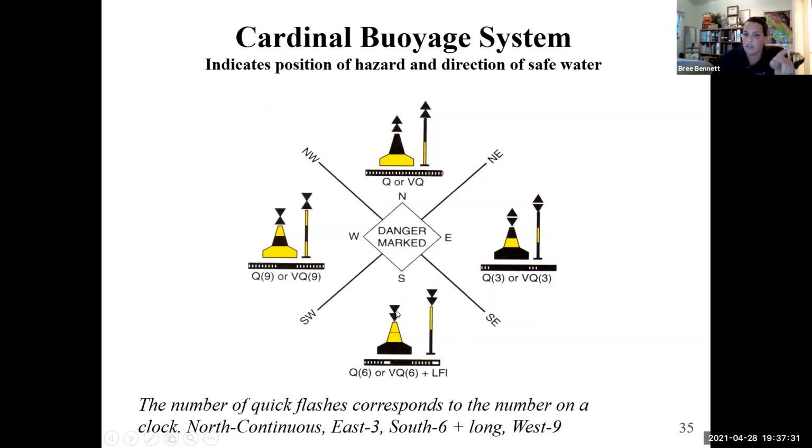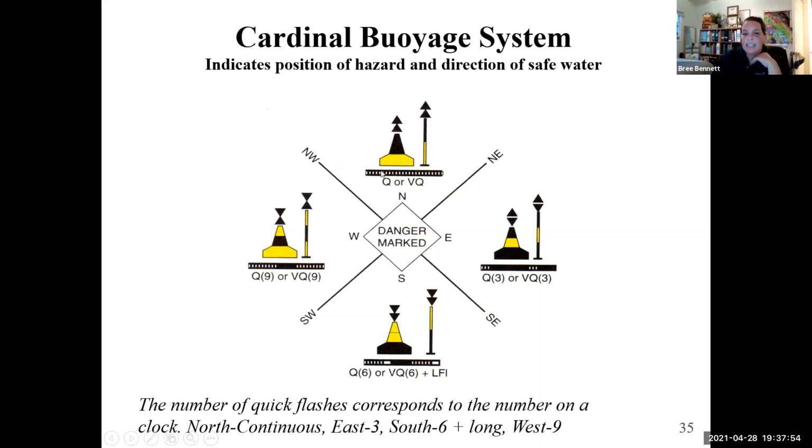If you have your triangles pointing down, yellow on top, then black, your safe passage is to the south. West looks like a wine glass. Your triangles are pointed together, looks like a wine glass. Safe passage is to the west.